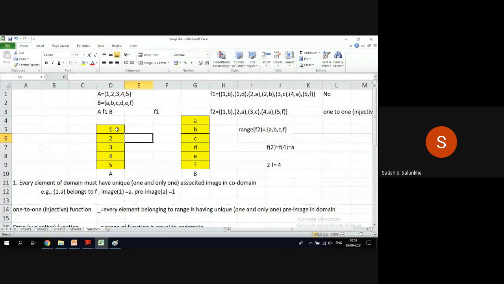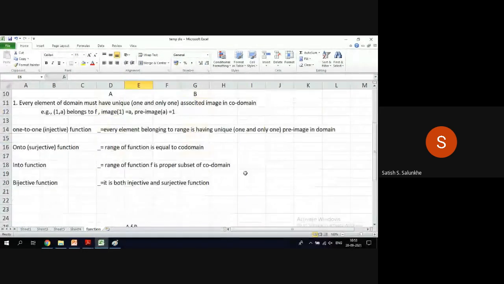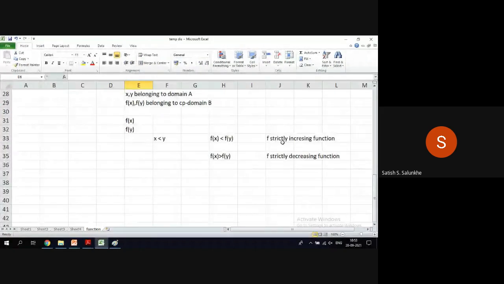If that property is satisfied for all x, y, in general any two elements x, y from this domain, if f of x and f of y also have that property satisfied in the codomain, on the basis of that we decide whether the function f is strictly increasing or strictly decreasing.